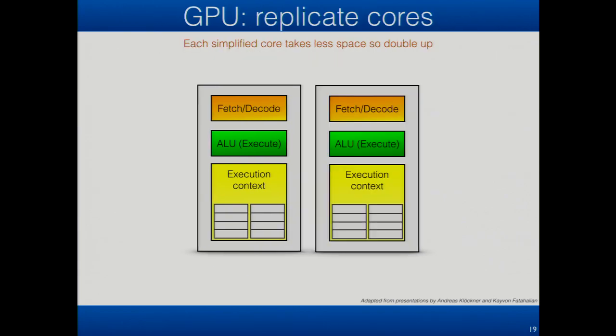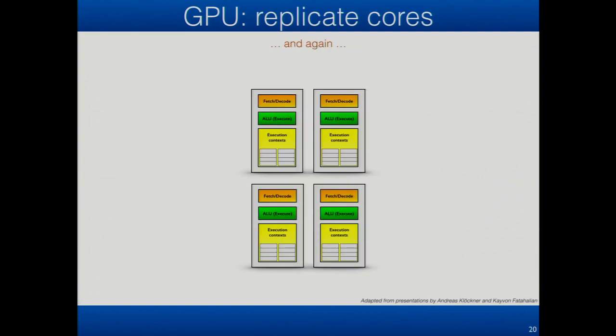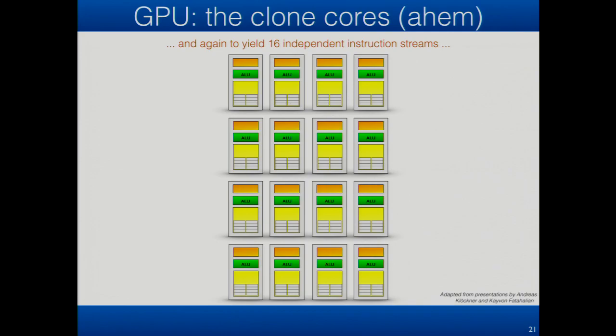Right, so now that they've slimmed down this core, they've got more space. We'll put more cores on there. And again, we've got rid of enough management. Remember, in that original core diagram, we had about a ninth, maybe a 20th of the space spent on the floating point units. We've got rid of most of the management, so we can then copy these cores because they take up much less space.